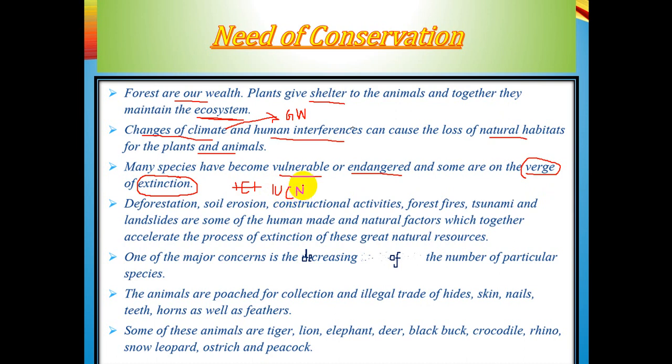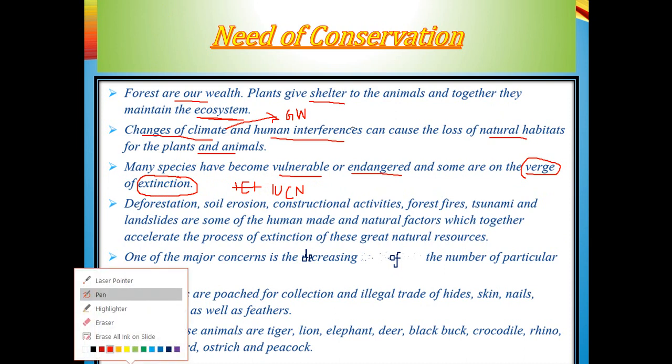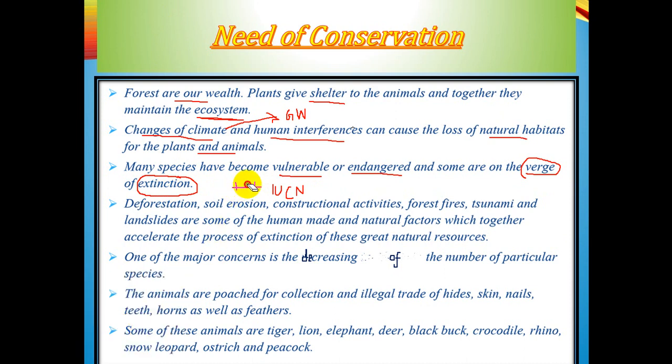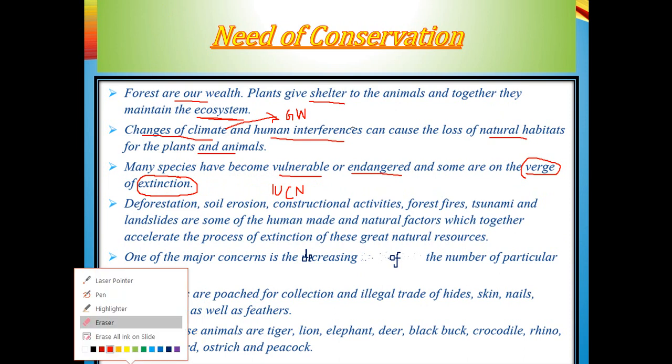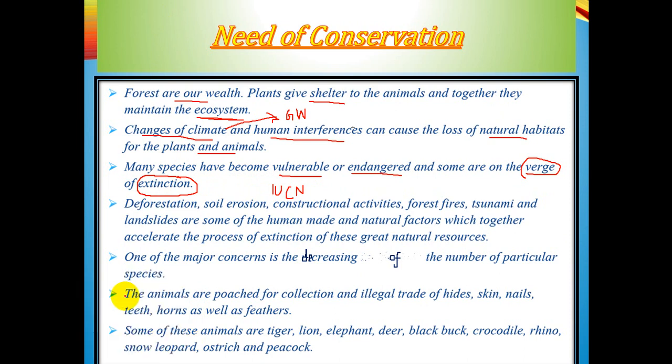This organization is listing out the species, whether they are normal species, endangered, vulnerable, endemic, rare, or extinct. So this IUCN organization is taking the steps to categorize the species into these 6 categories.